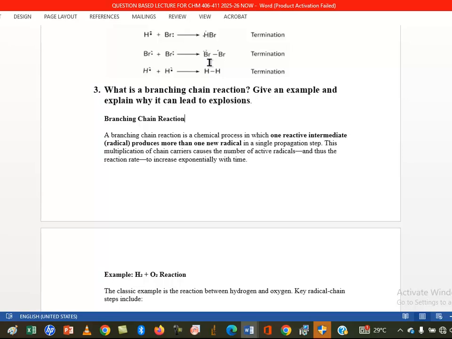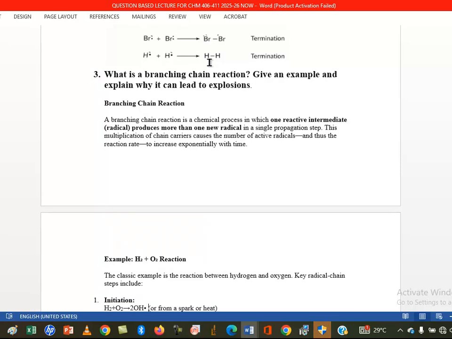So that is it. Now, a classic example is the reaction between hydrogen and oxygen. So that is a classic example.